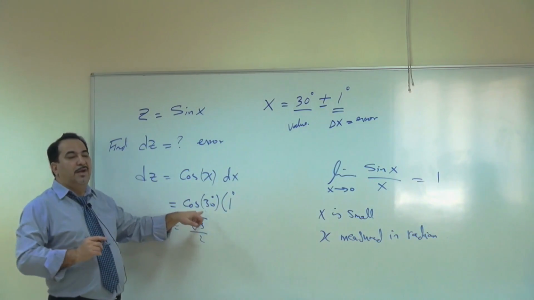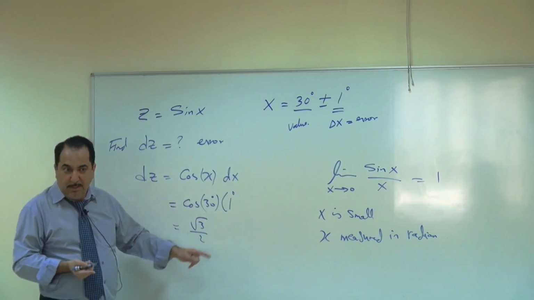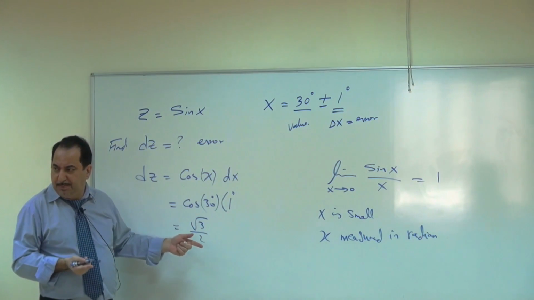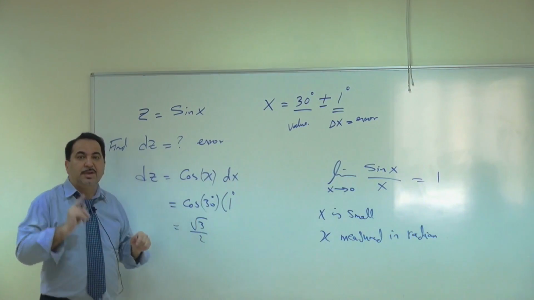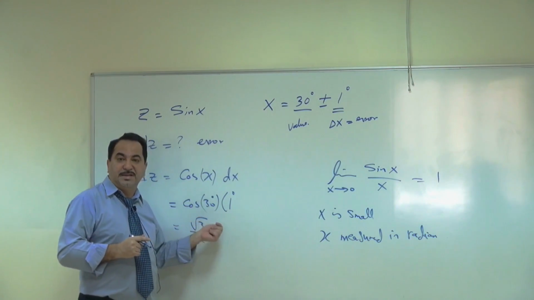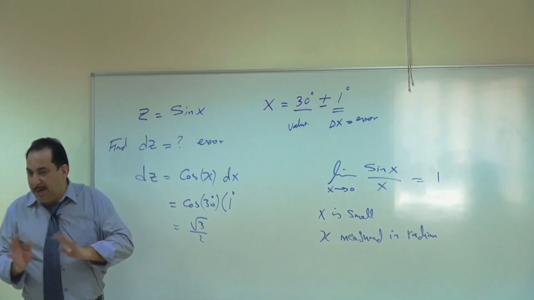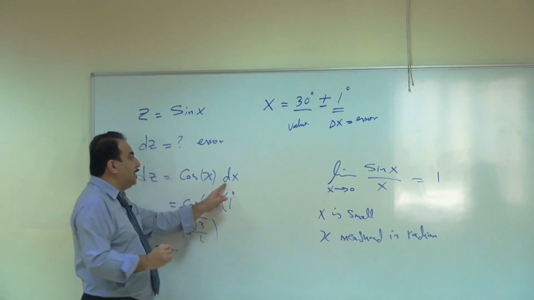But what is the cosine of 30 in radian? Will it give you a different value? No. So change the 30 to radian and say cosine of 30 in radian, it gives you the same value. So we don't have a problem with the cosine and sine. You can use degrees or radian, the answer will be the same. But the problem lies where? In the dx.